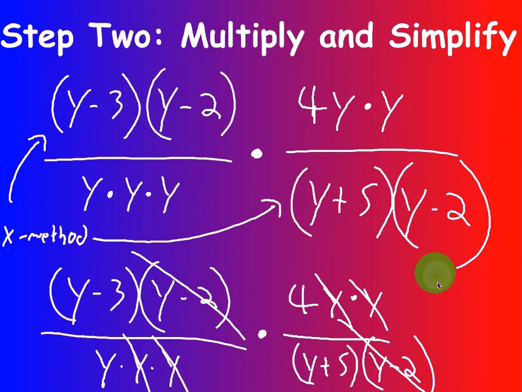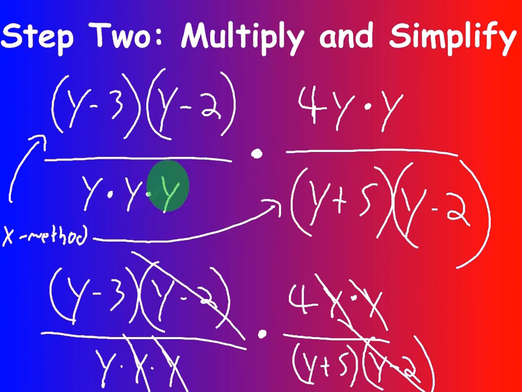So first of all, the y minus 2's will cancel from those factorizations. The second thing is you have 4y squared on top. You don't have to break it down this way. I was just doing this because it's been a while since we divided monomials. But just remember that with 4y squared on top and y cubed on the bottom, you can do 3 minus 2.